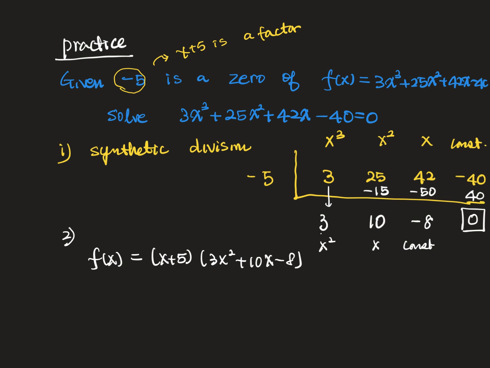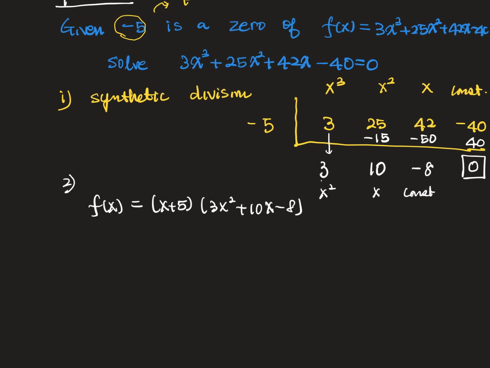Right? We're going to try to factor this quadratic form. I'm not going to go into detail. You guys have practiced enough. So we have x plus 5, 3x minus 2, x plus 4.